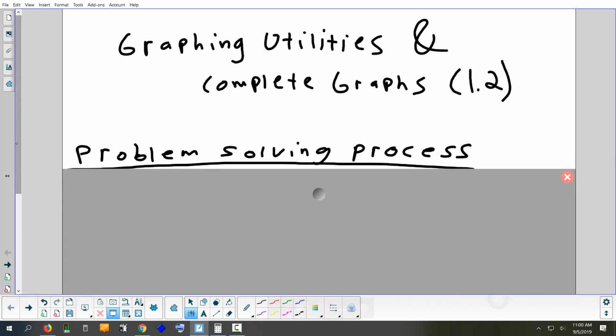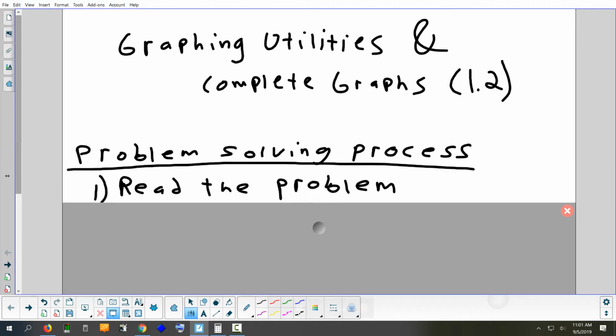All right, so the first thing they mention in 1.2 is a general problem-solving approach. It's not really anything specific, it's just common sense, a strategy anytime you're trying to solve any kind of problem, not just math. First, anytime I give you a problem, read it and try to identify two categories of things: what is it telling me, and what does it want me to find?